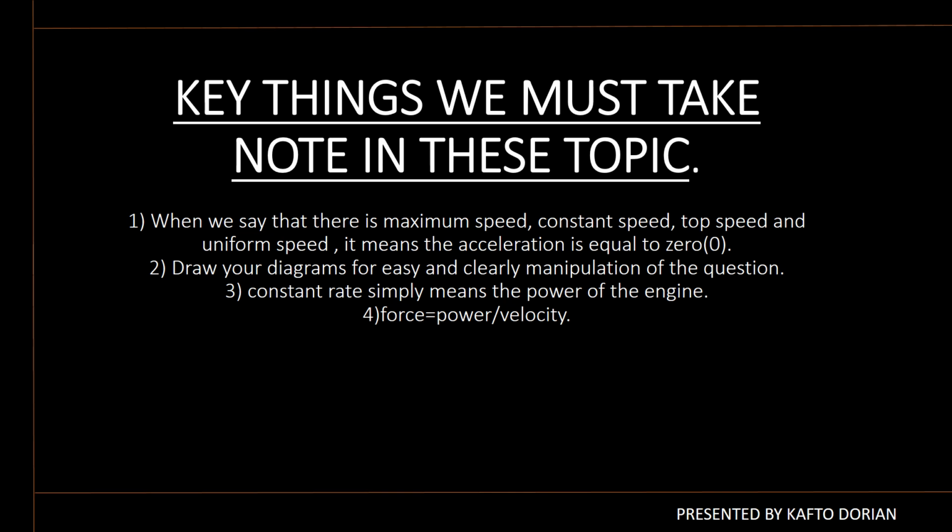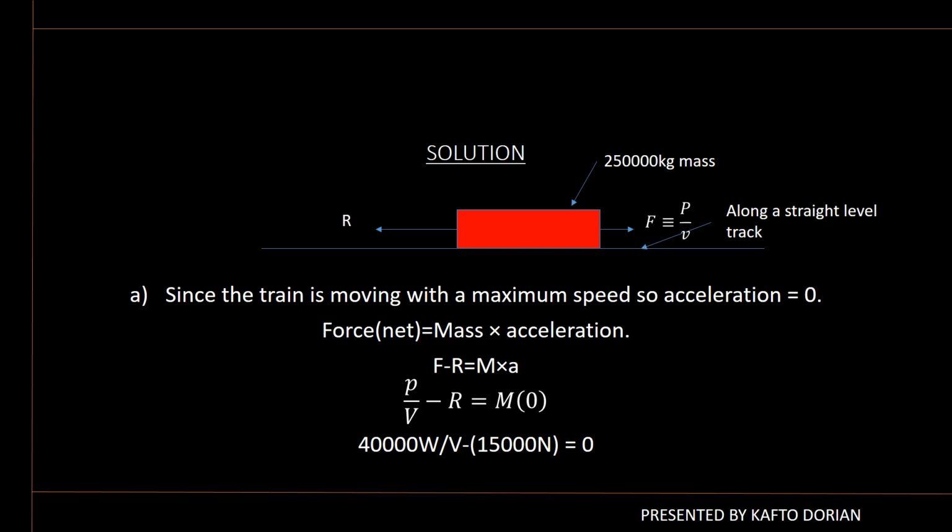So proceed. The first part is to calculate the maximum speed of the train on the level track. So we are just saying that the train is moving along a straight level track with a mass of 250,000.